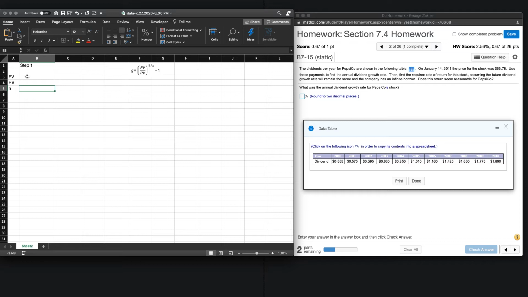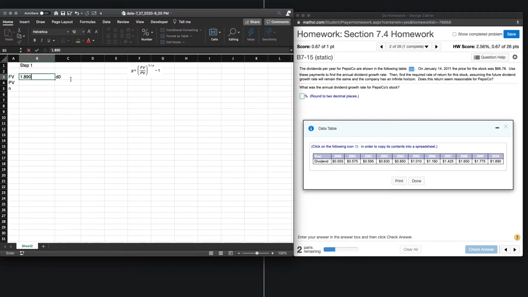But in terms of future value, now we're looking at these numbers here. If you consider the future value, again, imagine this as a timeline. Our future value is our most recent dividend payment. Okay, so we've also seen this expressed as dividend 0. So therefore a 2010 value of 1.89.